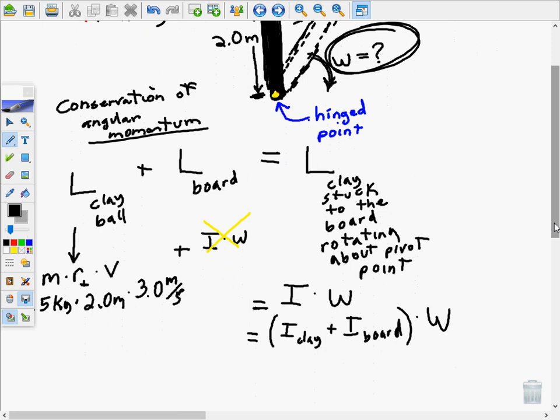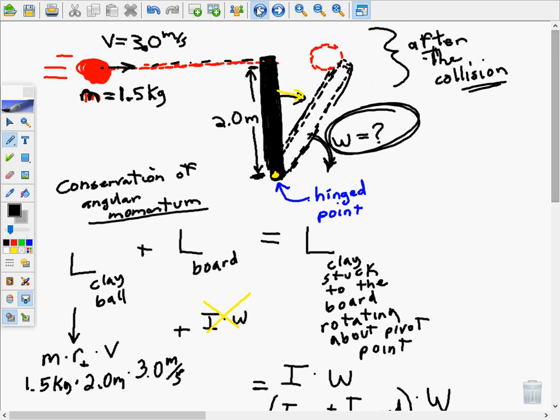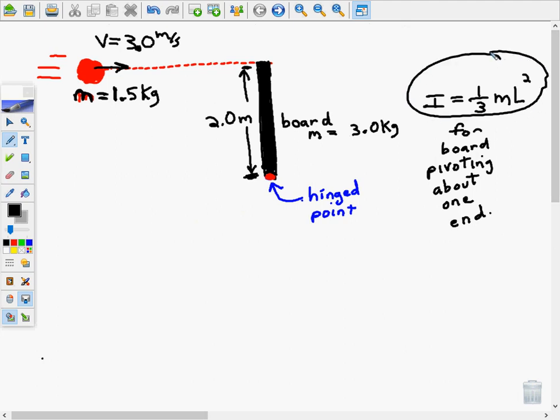The I of the clay ball, that's just the mass of the clay times that perpendicular r squared. The I for the board, that's not one you're supposed to have memorized. You would get that from a chart in the textbook. The I for the board, swinging around like that, that would be given to you. It's this formula right here.